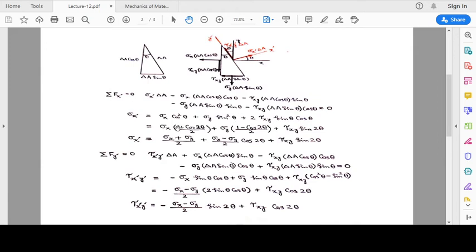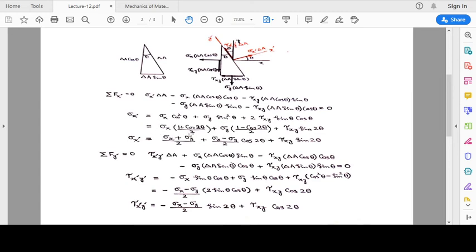Now we will use the trigonometric relationships. Cos square theta is equal to 1 plus cos 2 theta divided by 2, and sine square theta is equal to 1 minus cos 2 theta divided by 2. And 2 sine theta cos theta is equal to sine 2 theta. Now we can rearrange the terms, combine the terms involving theta and write the other terms separately.